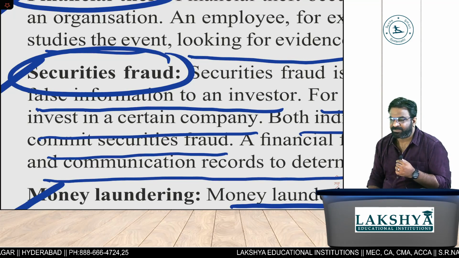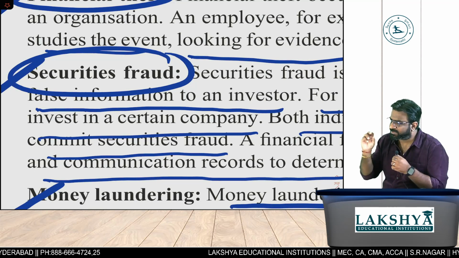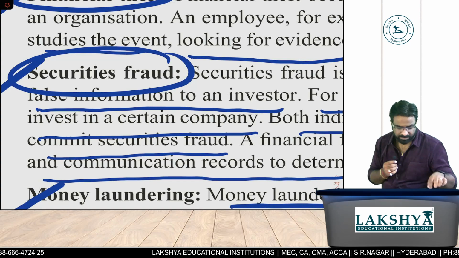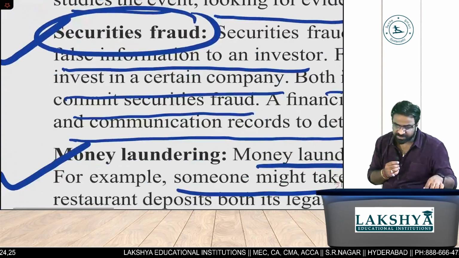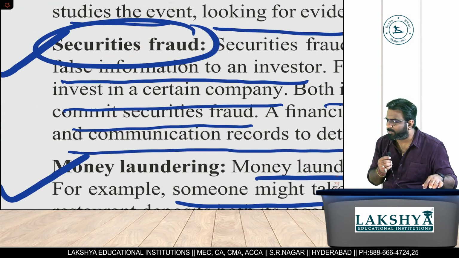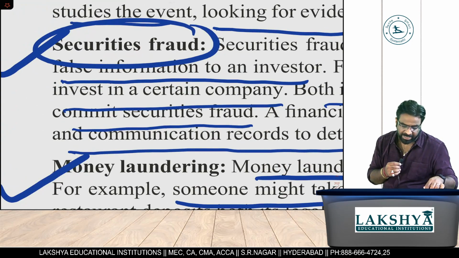I'm just making you write two lines of each so that you will get an idea. So first one is what? Financial theft. Second one is what? Securities fraud, where someone presents false information to an investor.